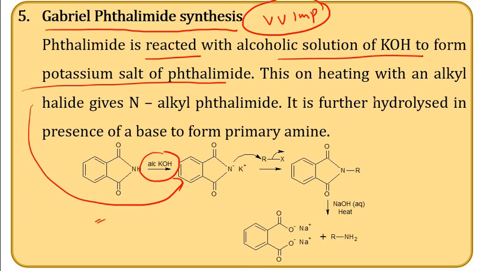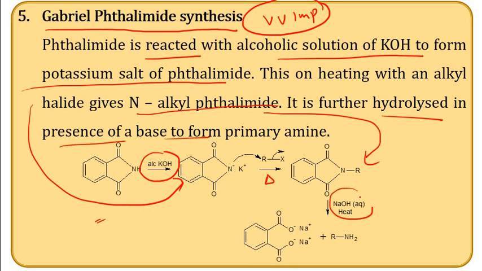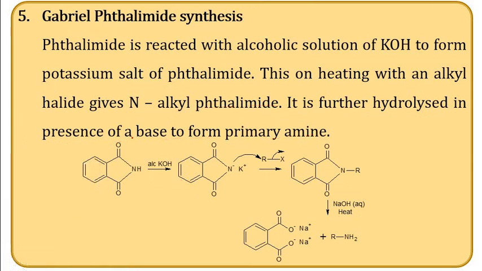That potassium salt is heated with alkyl halide to get N-alkyl phthalimide. This is further hydrolyzed in the presence of a base, sodium hydroxide, to get primary amine, RNH2. This is the most important question for the board examination.